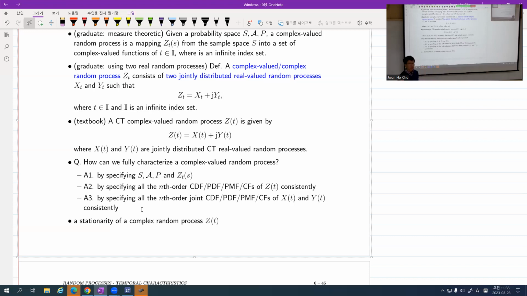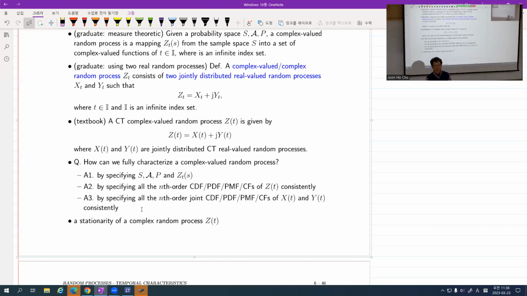And eventually, we defined the strict sense stationarity of a real valued random process, right? Since these stationarities based on nth order PDFs or PMFs or CDFs are so strong, we defined another one, something looser, wide sense stationarity. And that was defined as what? Constant mean function and time difference only dependent autocorrelation function, right?